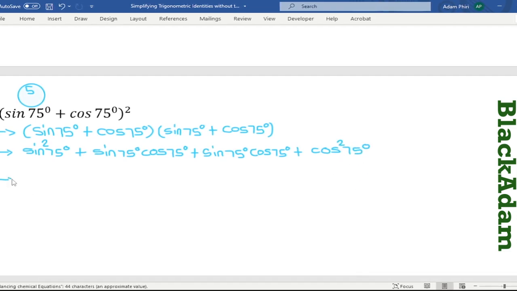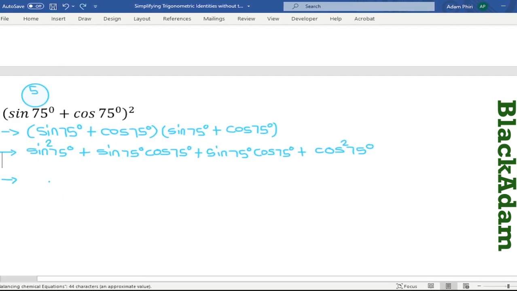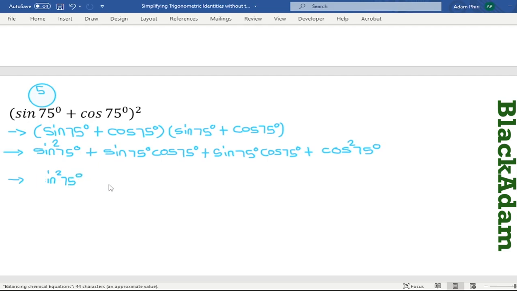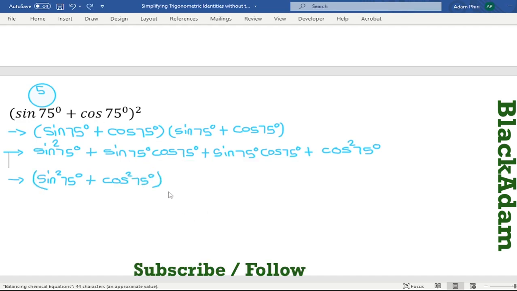And then from there we have that and that: sine squared 75 degrees plus cos squared 75 degrees. So we bracket that together because it gives us something, and then plus 2 of them, so it's going to be 2 sine 75 degrees cos 75 degrees.